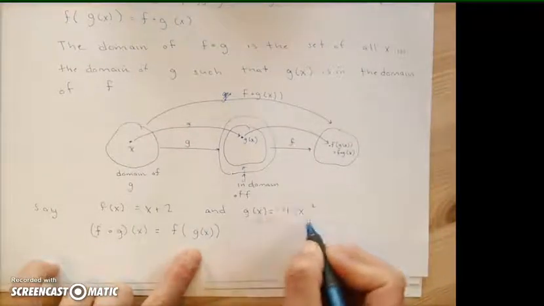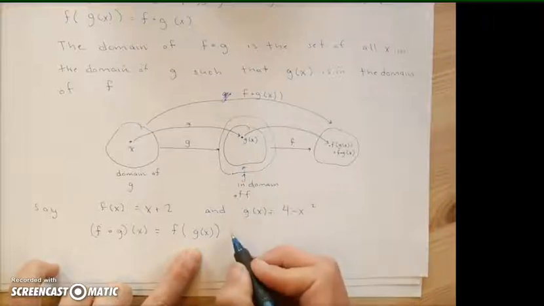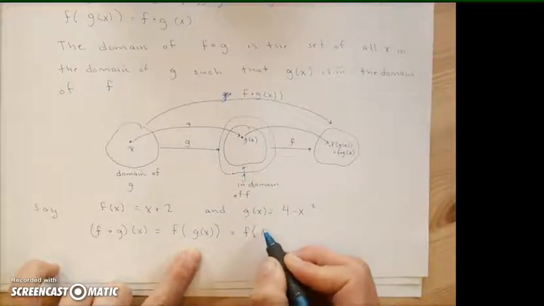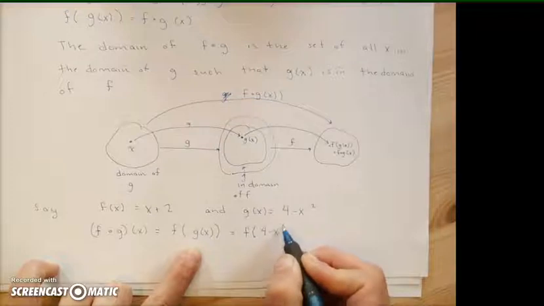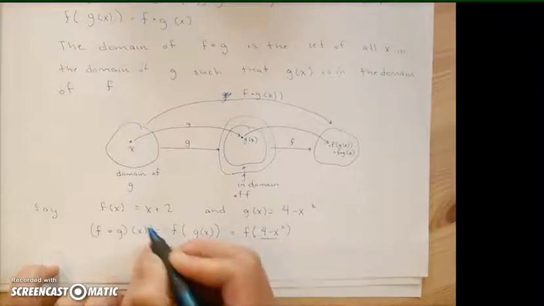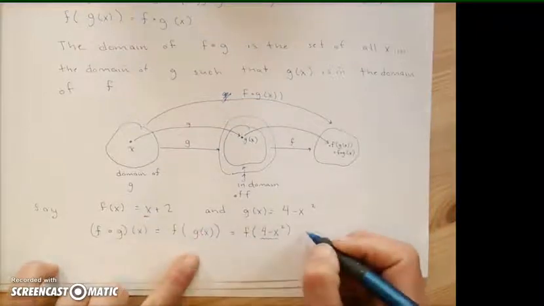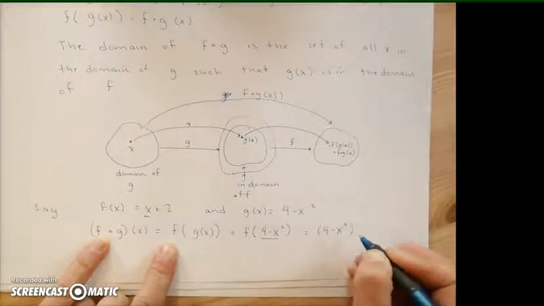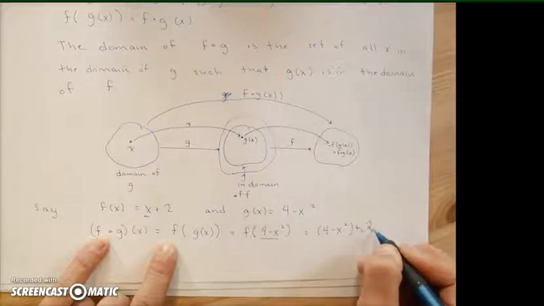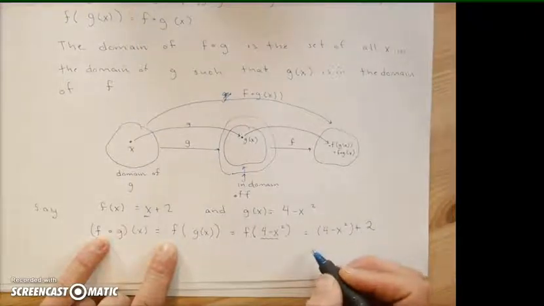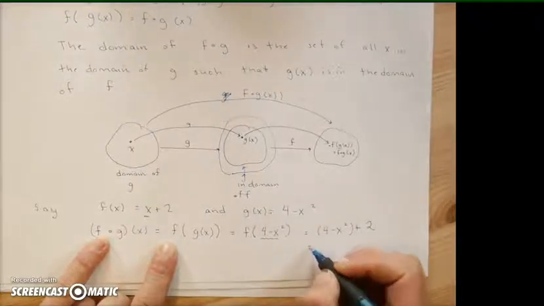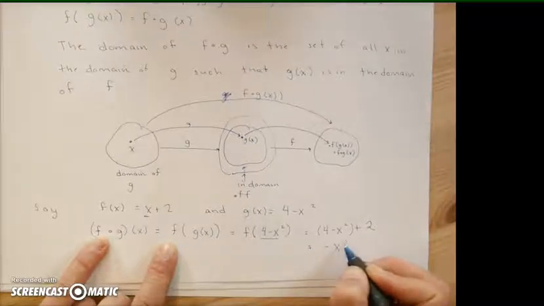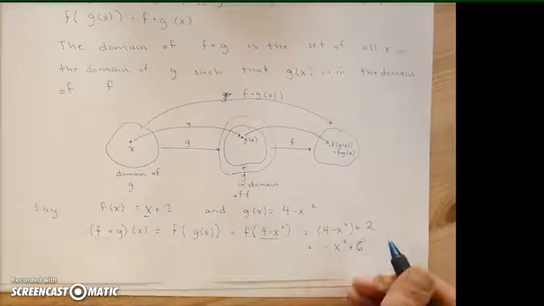So g of x is 4 minus x squared. So I'm going to do f of 4 minus x squared. So now this stuff is going to play the role of x. So that's going to be 4 minus x squared instead of x plus 2. And we could simplify this a little bit to get negative x squared plus 6, when I combine the 4 and the 2.